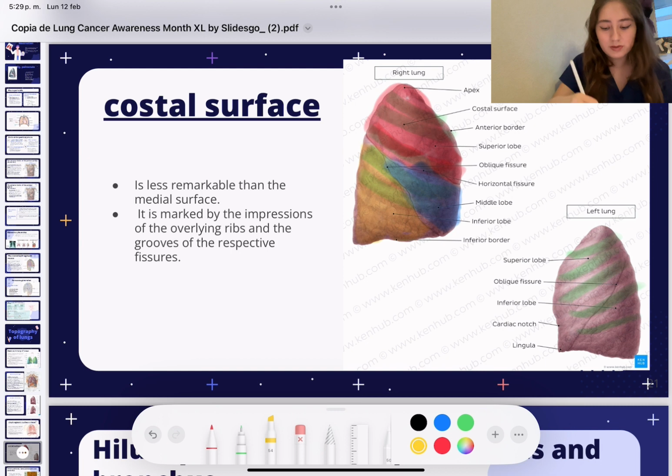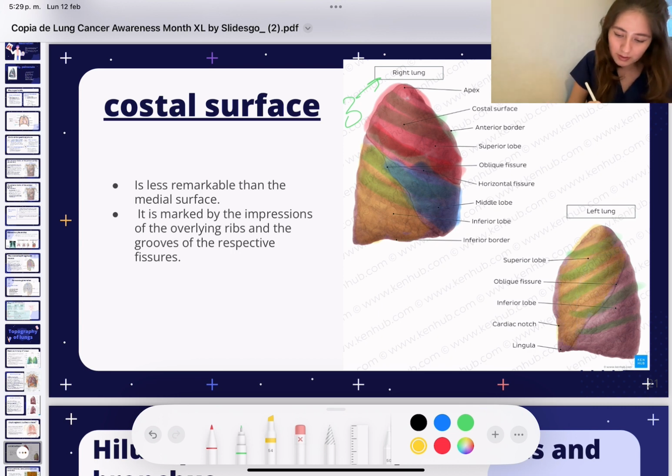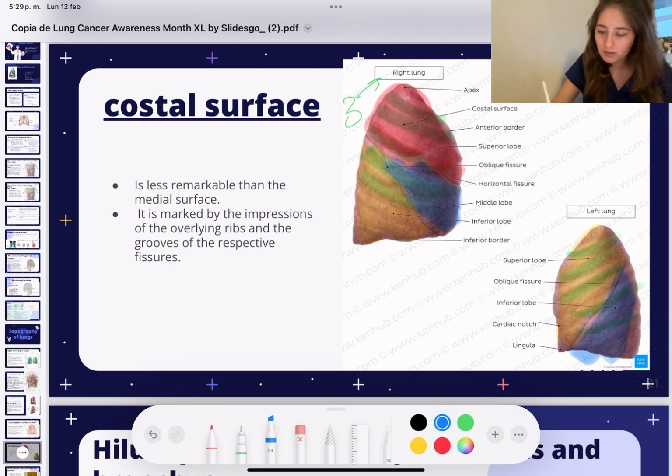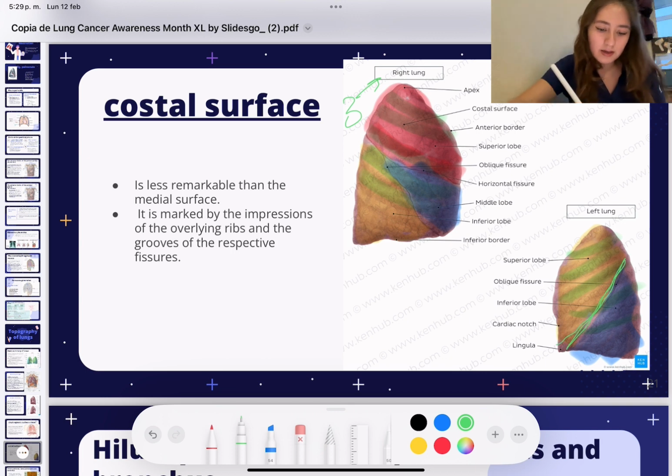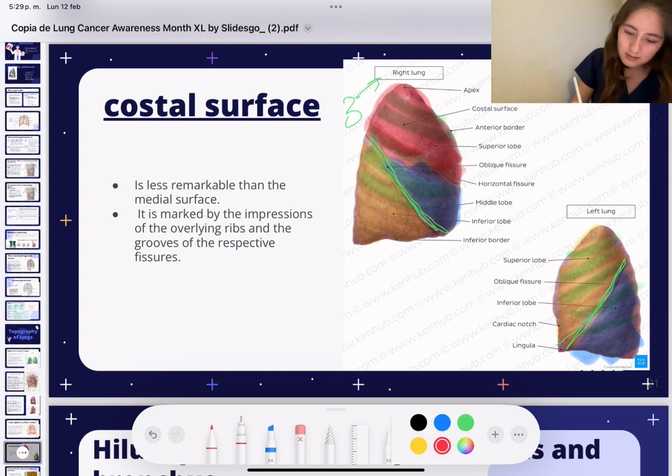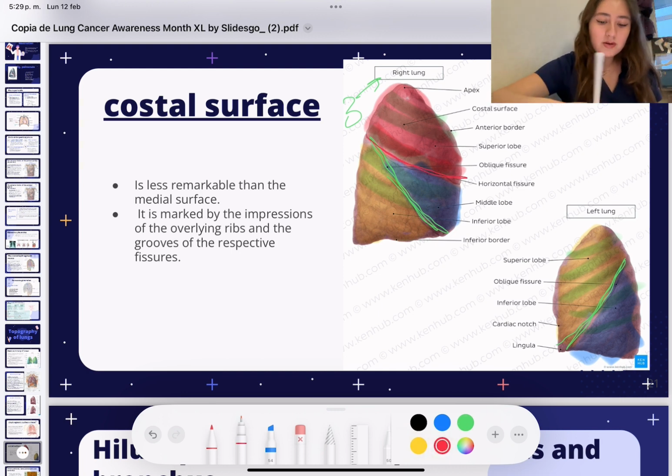Those are the 3 lobes in the right, and in the left lung we have the superior lobe and inferior lobe. This is the oblique fissure, this is the oblique fissure, and just the right one has the horizontal fissure.